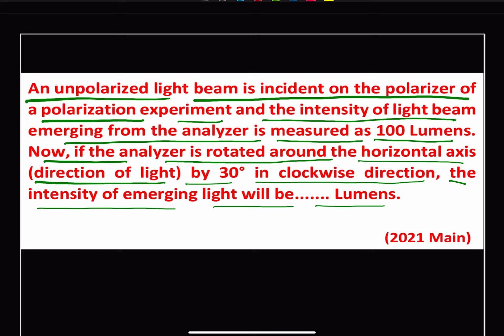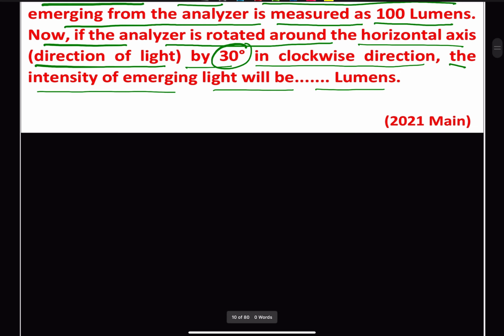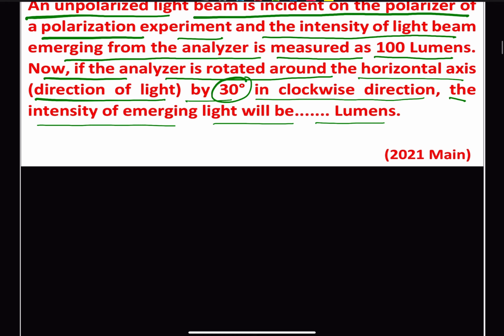But the analyzer is also dependent upon the angle with respect to the principal axis. So we can draw an approximate figure for two parts. In the first, the output measured by the analyzer is 100 lumens, and in this case we can assume that the polarizer and analyzer are parallel. So we can start from there only.